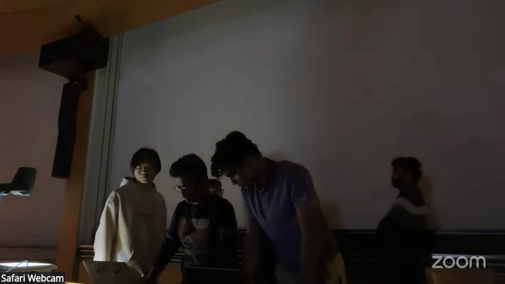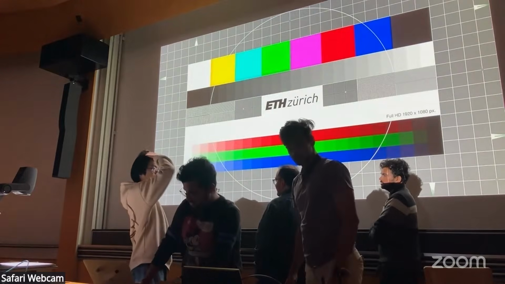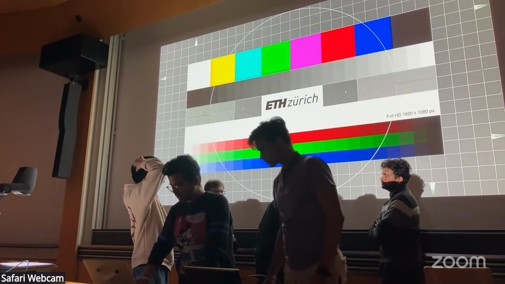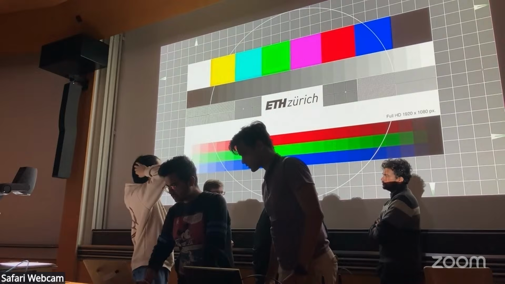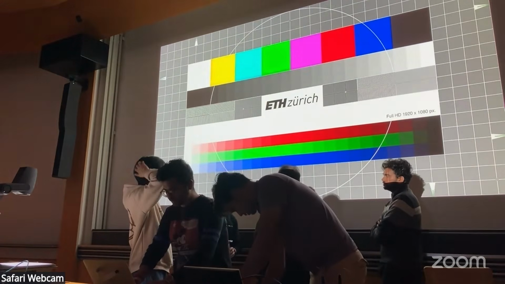If I disable this, it is indeed detecting something. If I put it in, it's not detecting it. Okay, right now it's not detecting it. Yes. Okay, and done.